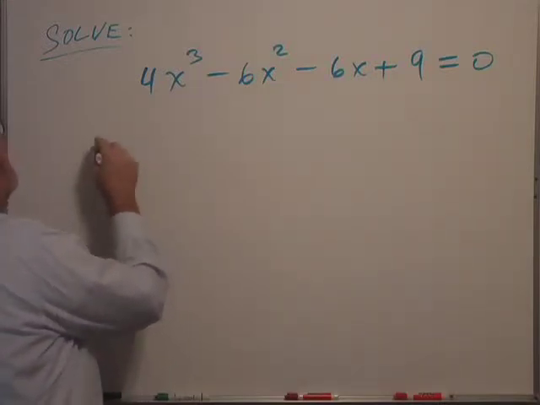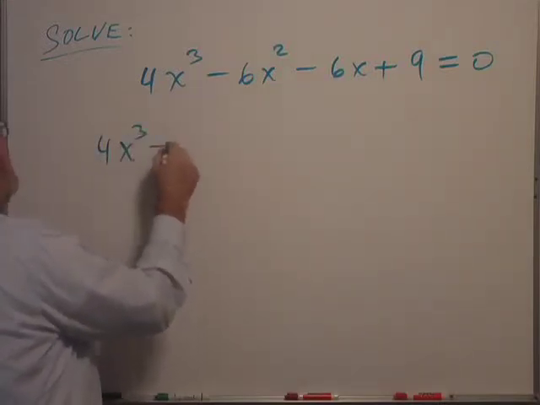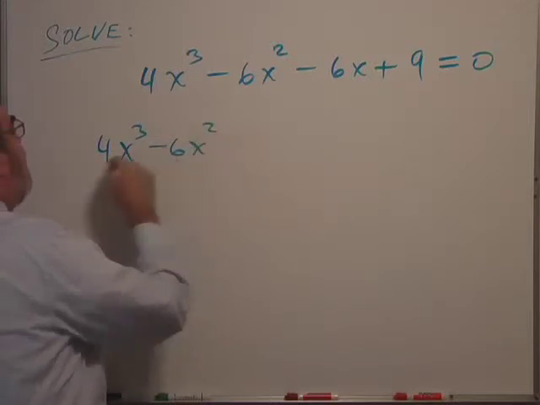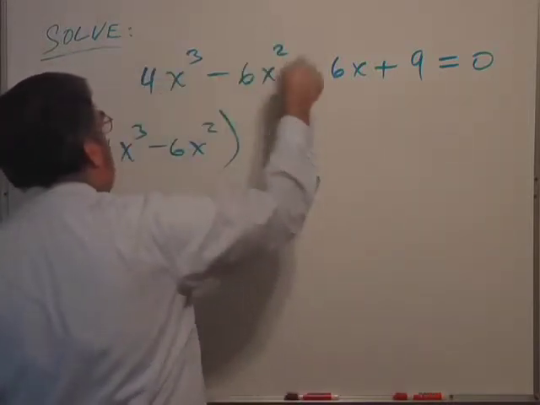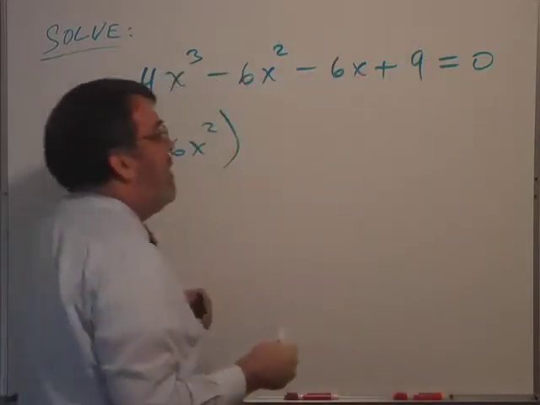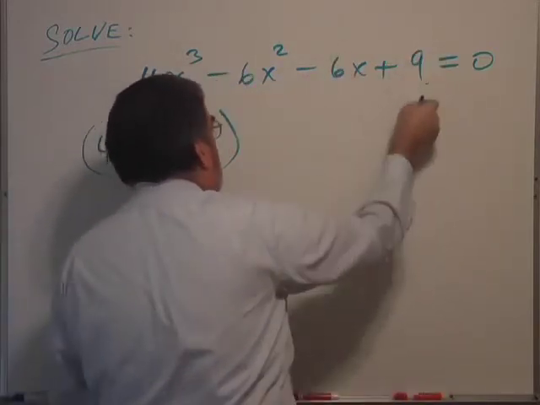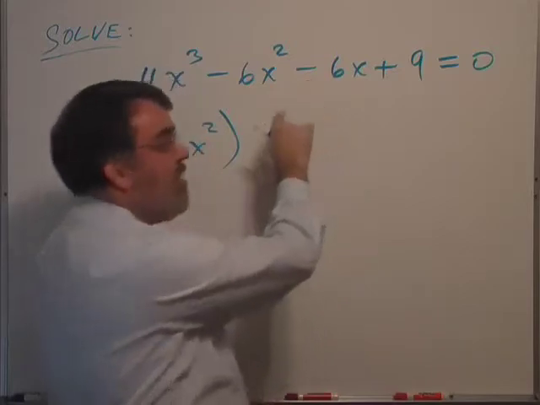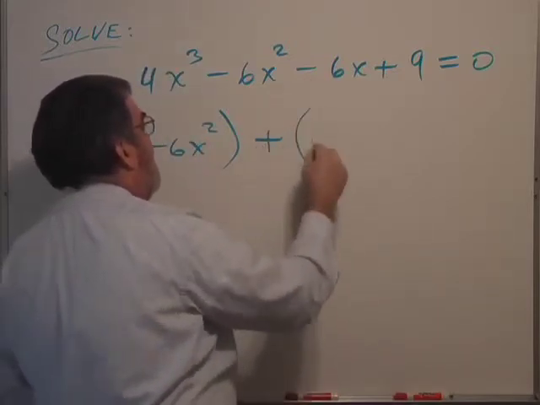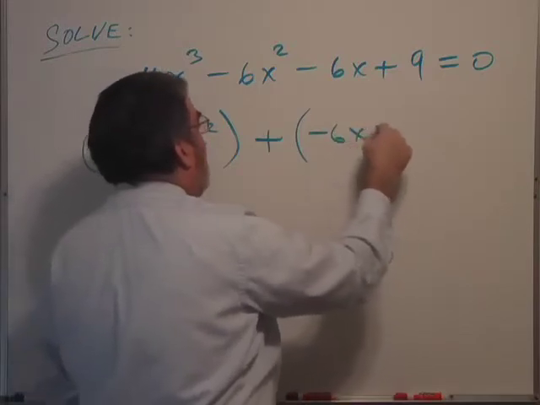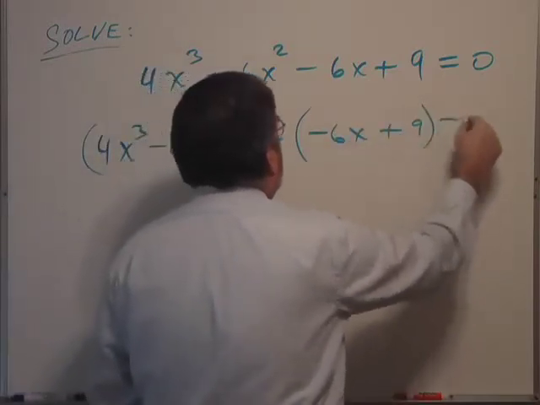And you got to be careful because this is a very common place for students to screw up. You know, students just want to slap parentheses around these. But if you put parentheses over here, there's still a minus sign outside. So let's make that a plus. And then inside it's minus 6x plus 9.